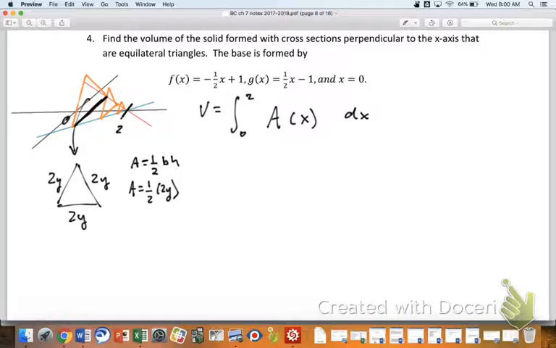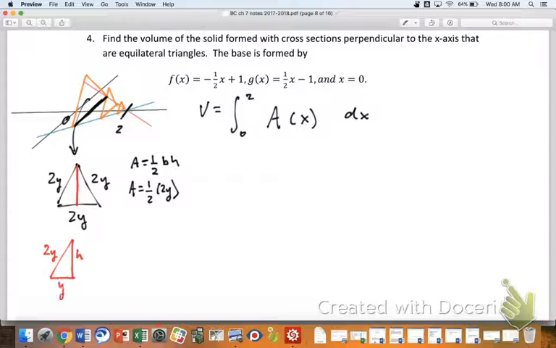So here's what I could do. I could drop an altitude down from that top vertex and essentially create 2 smaller triangles where that red line is my height. So I'll just draw one of these over here. So this is height, and this is 2y. How long would the base of this smaller triangle be? Y. It would just be y, right?